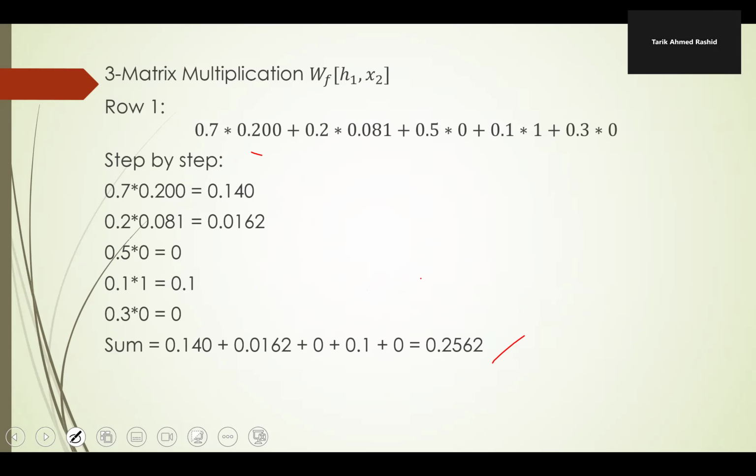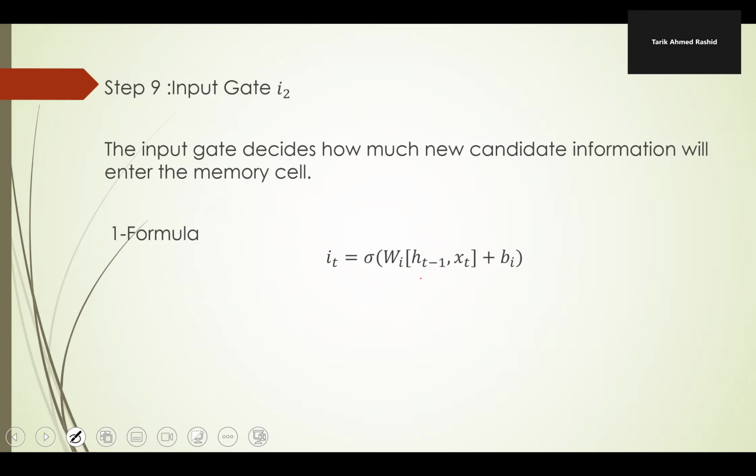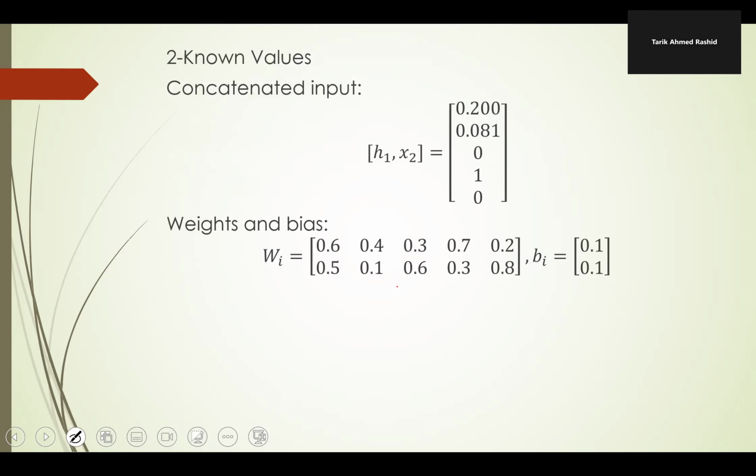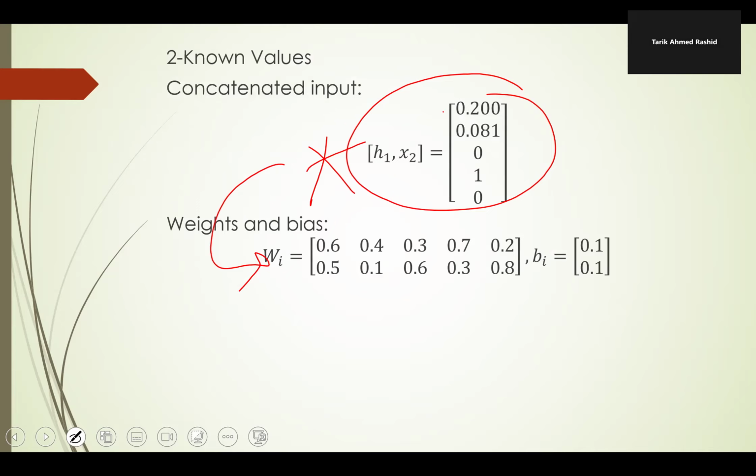We'll do the same thing for the input gate. The only difference is the weight matrix and bias; everything else is the same. So 0.6 multiplied by 0.2, 0.4 multiplied by 0.8, 0.3 multiplied by 0, 0.7 multiplied by 1, and 0.2 multiplied by 0.